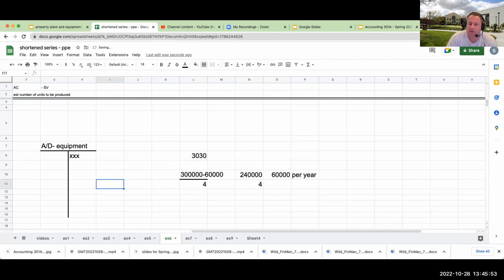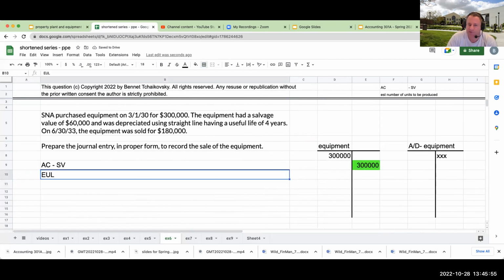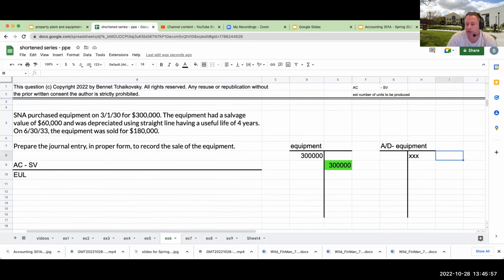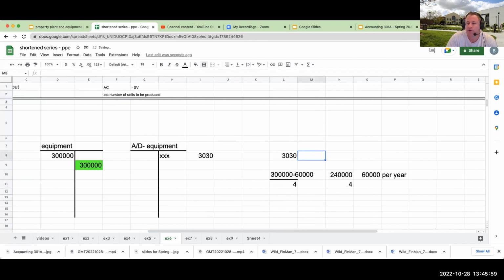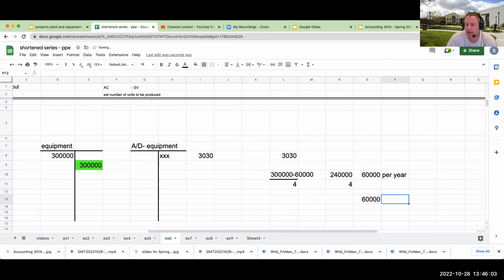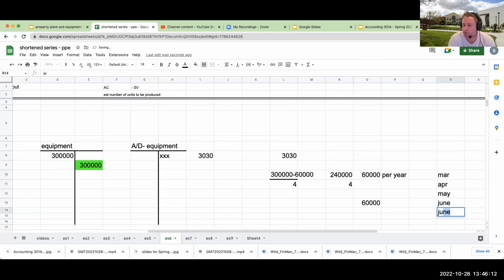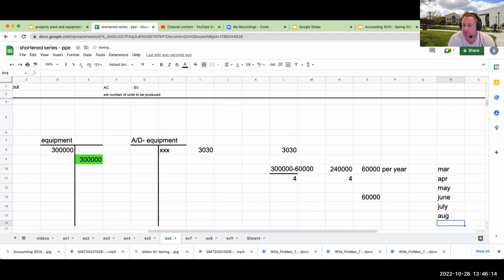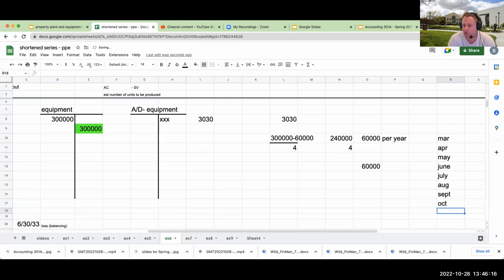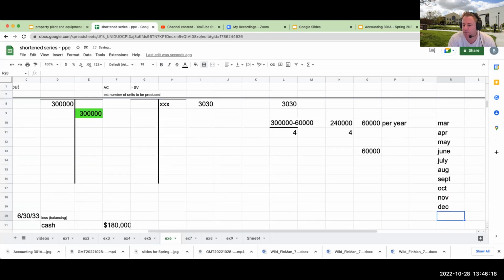Now, in 2030, when I bought the asset, right, I bought the asset on 3/1/30. So my depreciation expense is not going to be the full 60,000 for 2030, right? I bought it on March 1st. So this is going to be March, April, May, June, July, August, September, October, November, December.